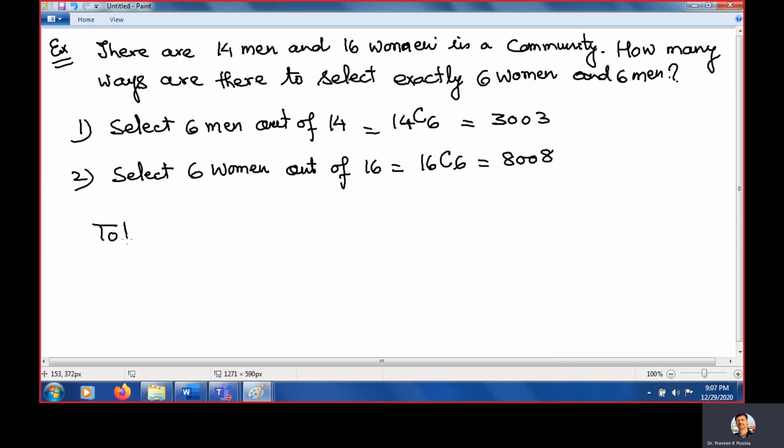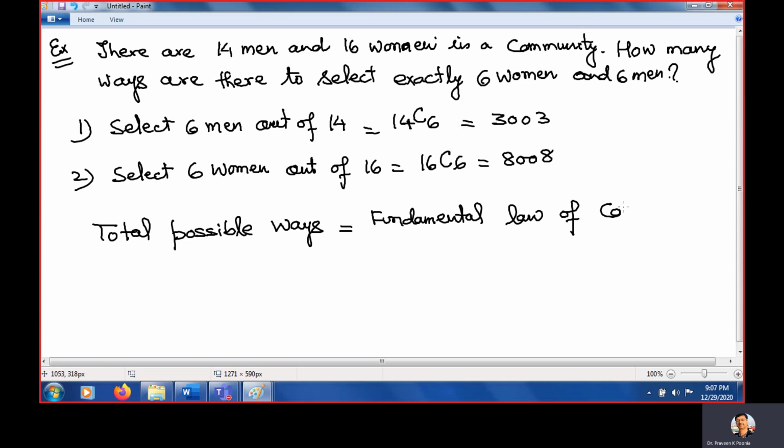So total possible ways. Now you need to use the fundamental law of counting. And what is that?